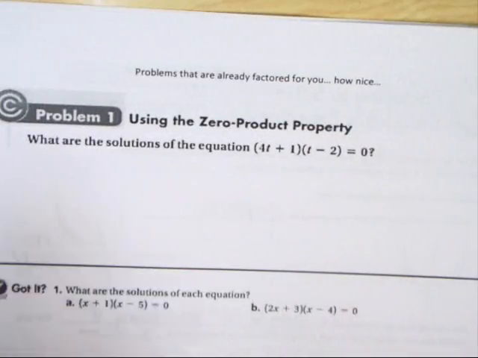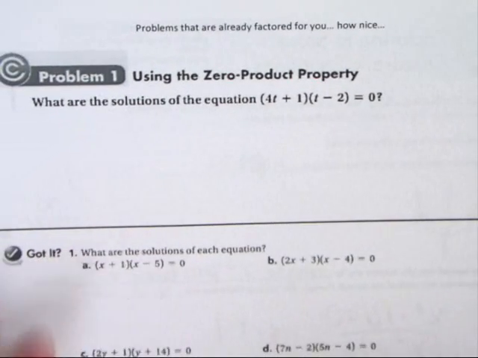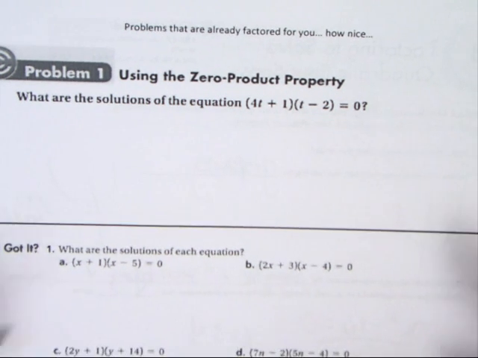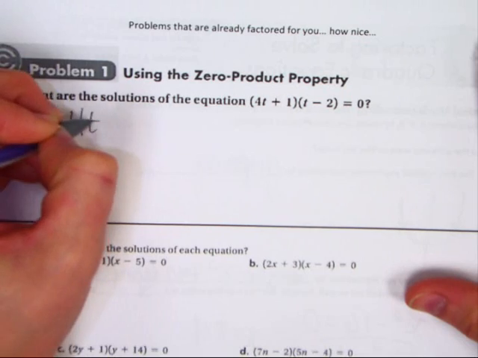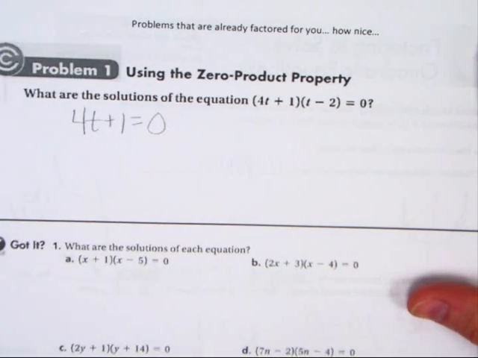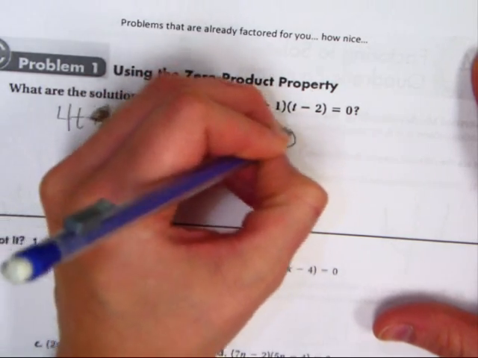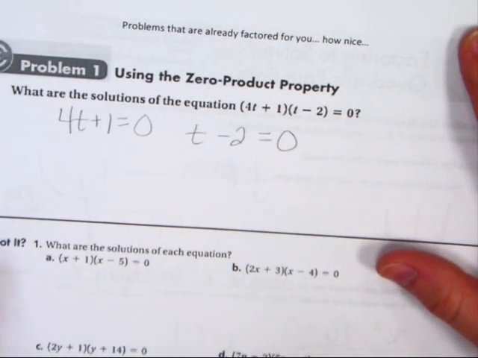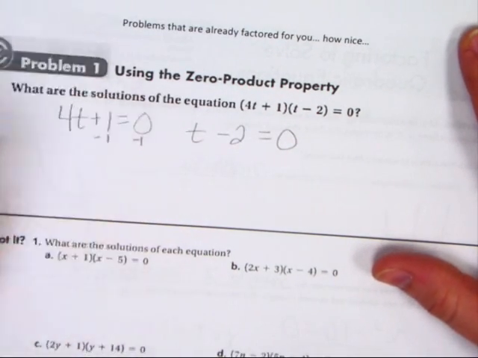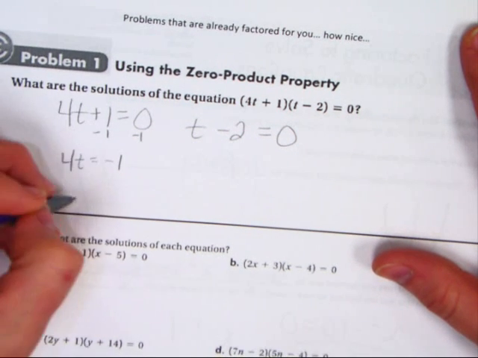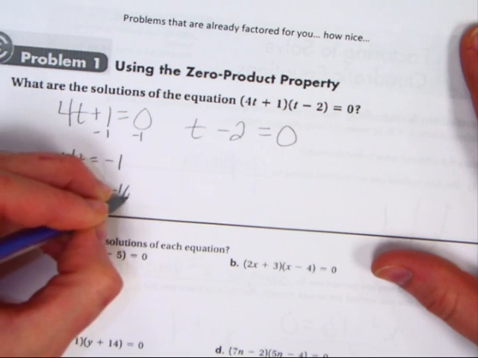Now, we're going to start easy. Let's talk about problems that have already been factored for you. How nice. What are the solutions of this equation? You set the first one equal to 0, and it could be true. You set the second one equal to 0, and it could be true. On the first one, you just solve by taking away 1, then you divide and you get t equals negative 1/4.